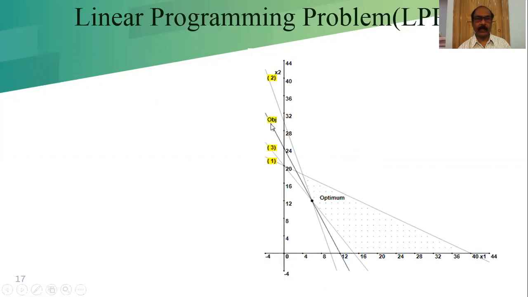Obj is written there, objective function. First it is drawn here, then it is slowly moved towards this. Since this is a minimization problem, it touches the nearest point from the origin. Where it first touches gives us the optimum solution. That means it gives this point.